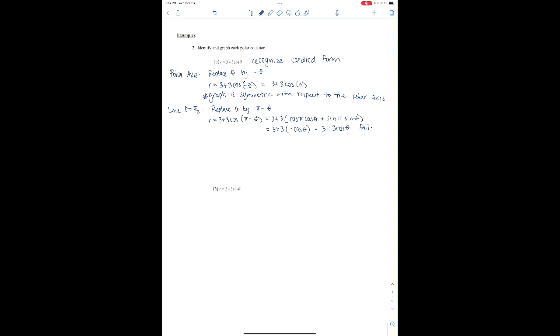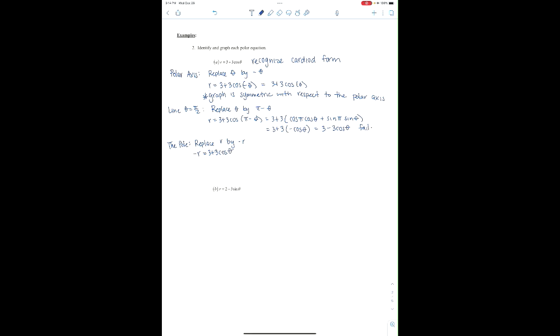The last thing we're going to check is the pole. So we replace r with -r. So -r is 3 plus 3 cosine theta.